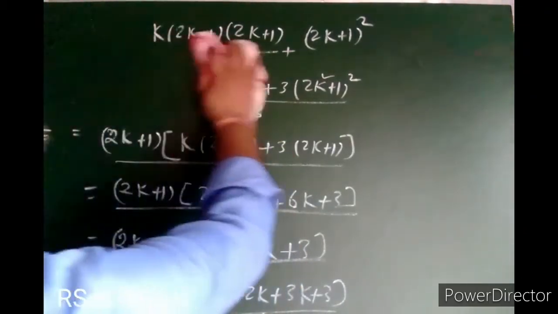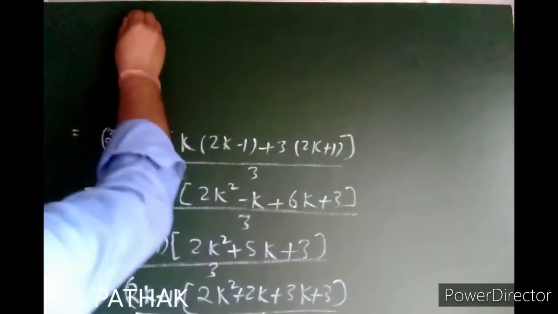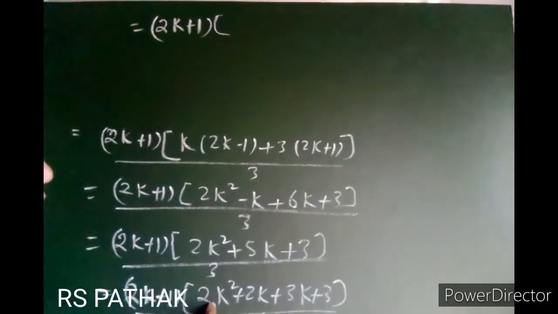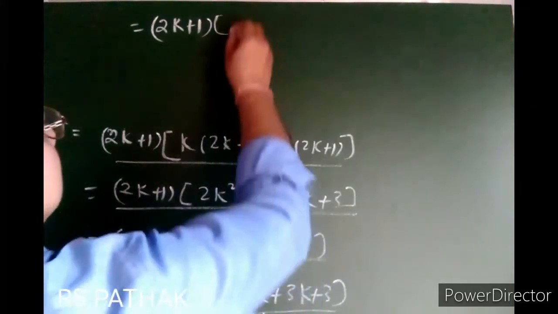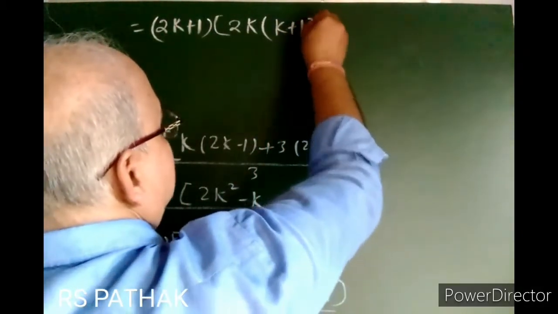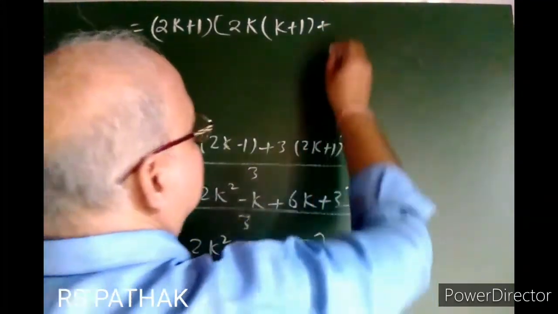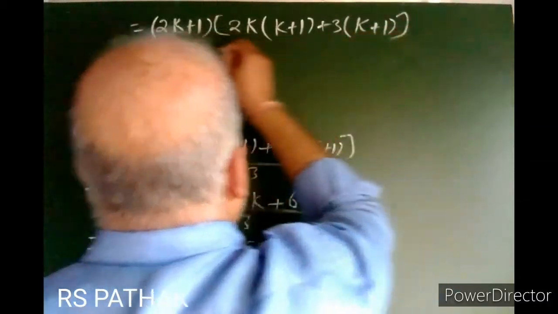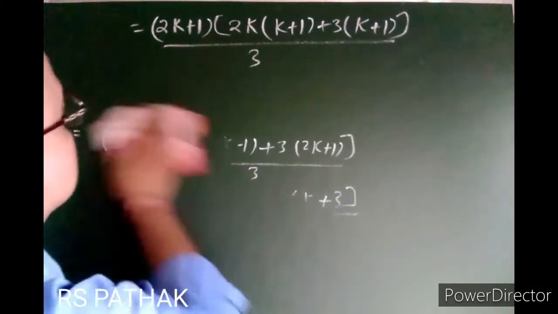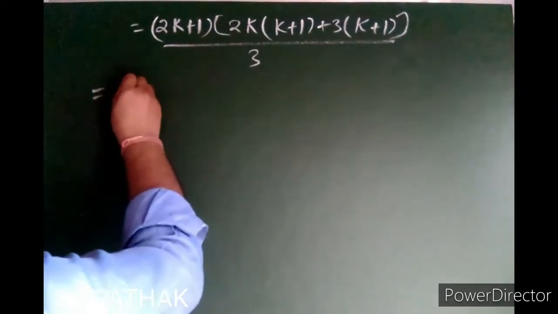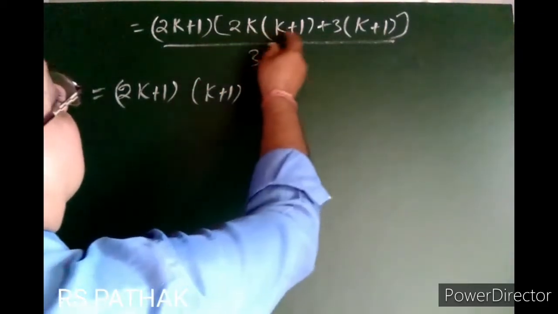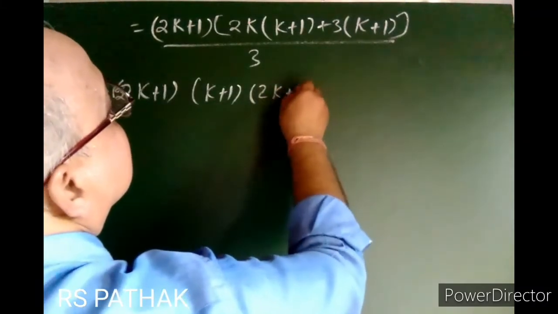Here 2k is common, and then (k plus 1) and plus 3 are common. So we get (2k plus 1)(k plus 1)(2k plus 3) upon 3.